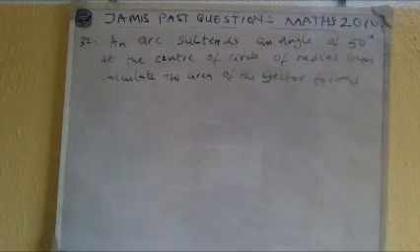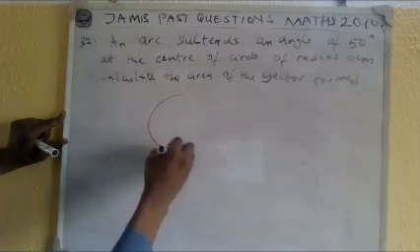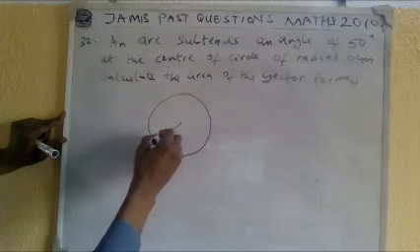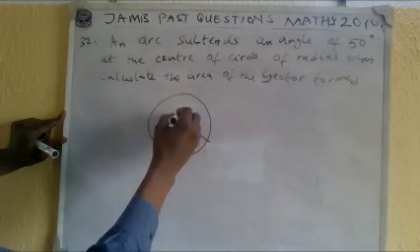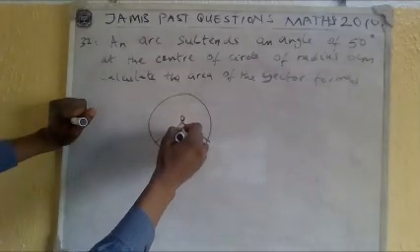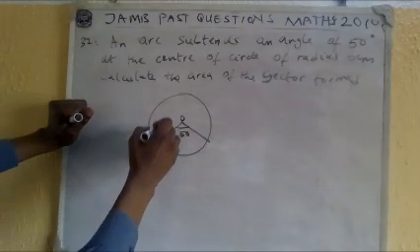Calculate the area of the sector formed. So let me visualize this. Look at the circle. Center. So there's an arc like this. If the center is O, the angle that is subtended at this center is 50 degrees. And the radius is given as 6 cm.